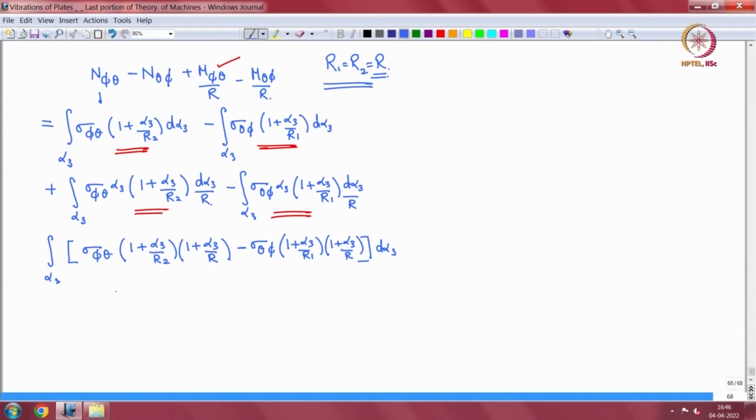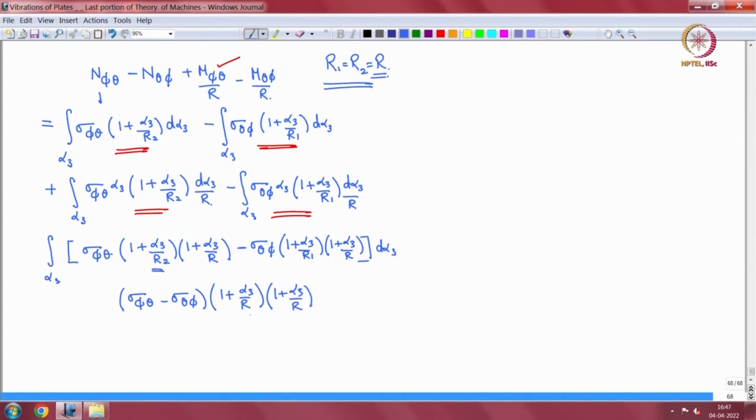Now if I replace r2 by r, I have sigma phi theta minus sigma theta phi times 1 plus alpha 3 by r times 1 plus alpha 3 by r.